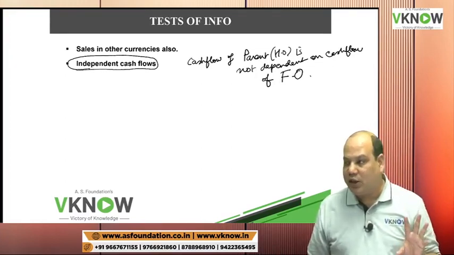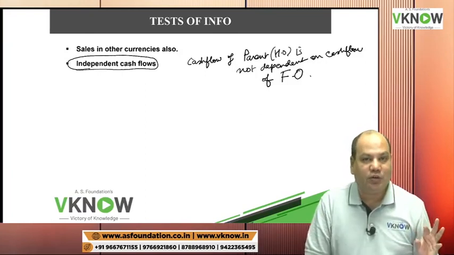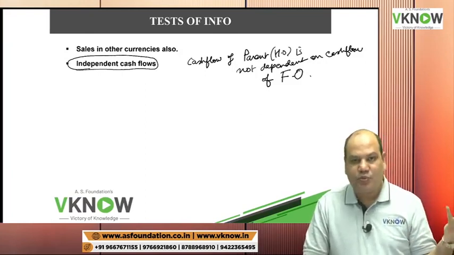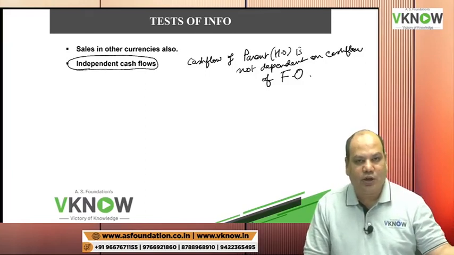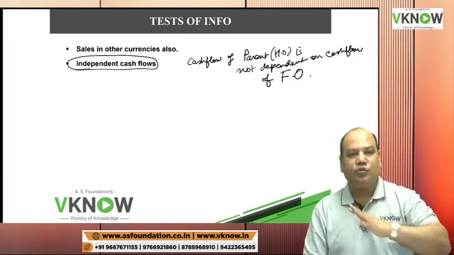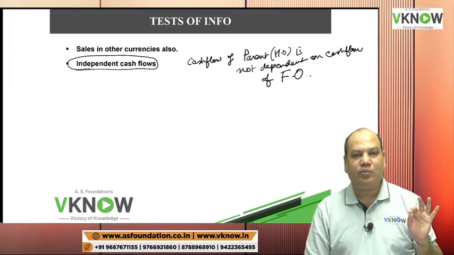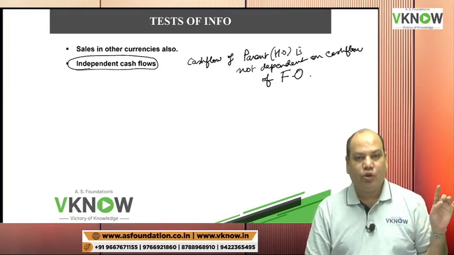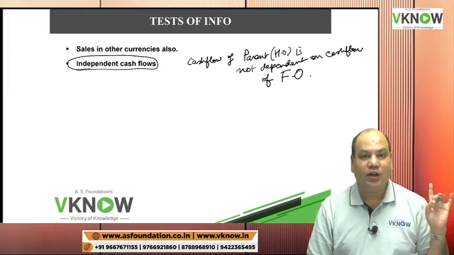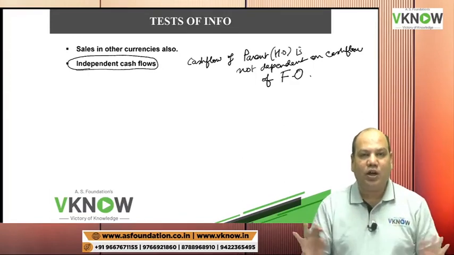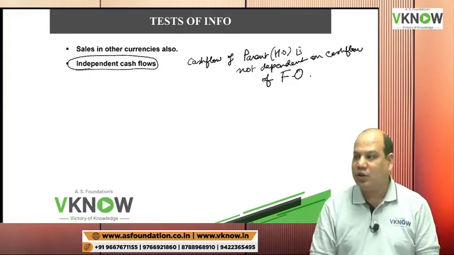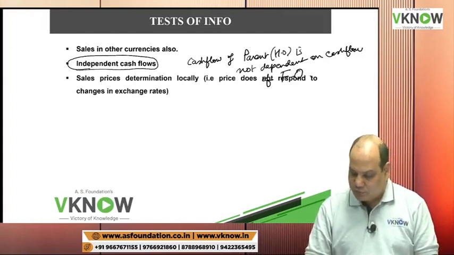Normally, if it is integral foreign operation, what happens? The subsidiary or the branch sells the goods in the foreign country and remits the funds to the parent company. So the parent company depends a lot on the foreign operation when it is integral. In non-integral, the two parties are not dependent on each other for cash flows.